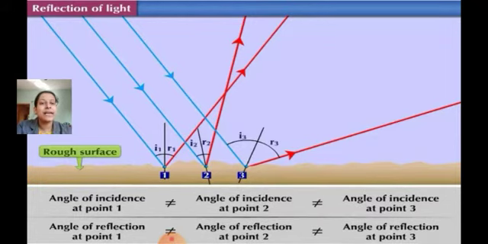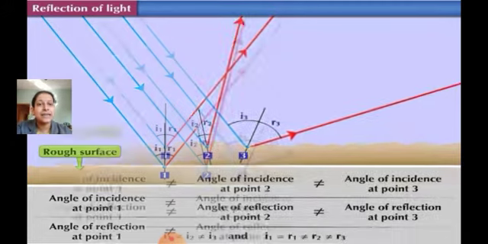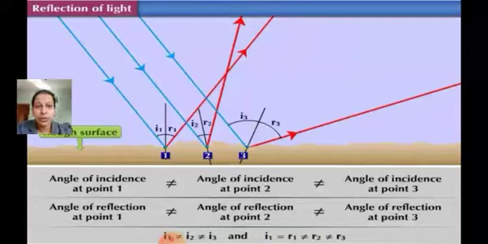If the angles of incidence are I1, I2, I3 and so on, and the angles of reflection are R1, R2, R3 respectively, I1 is not equal to I2, and I2 is also not equal to I3.